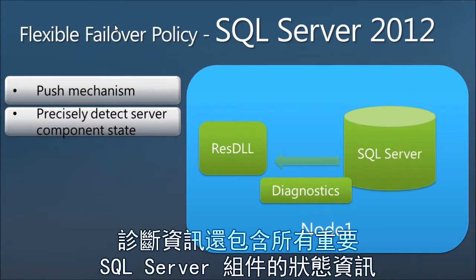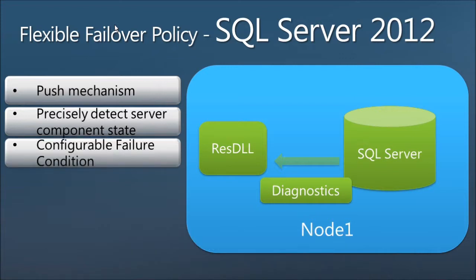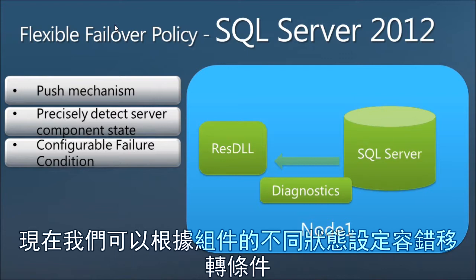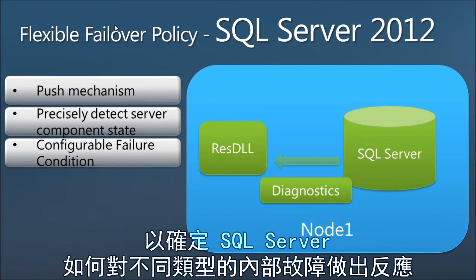So the diagnostics information also includes all the important SQL Server component states. Based on the different states of the components, now you can configure the failover condition to define how the SQL Server responds to different types of internal failures.